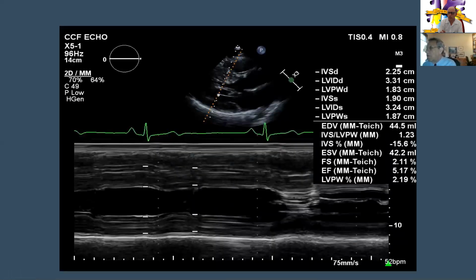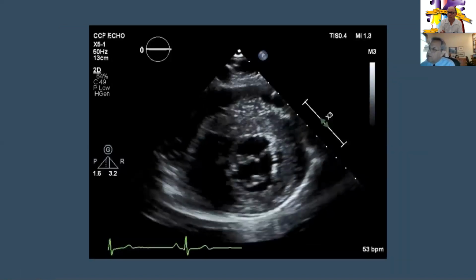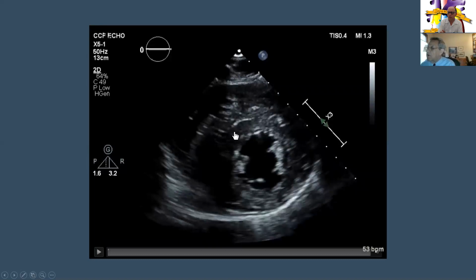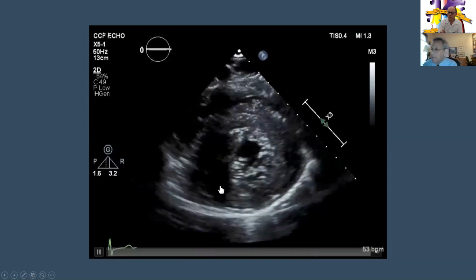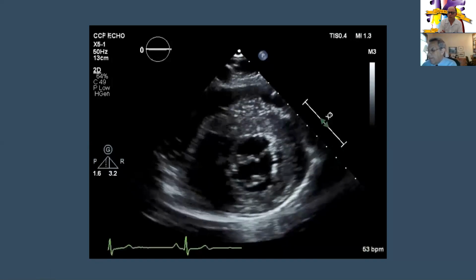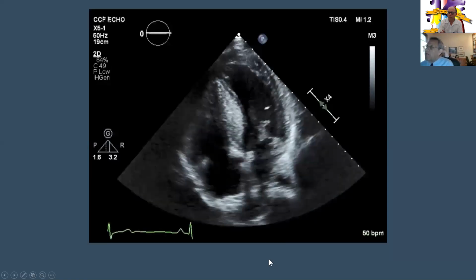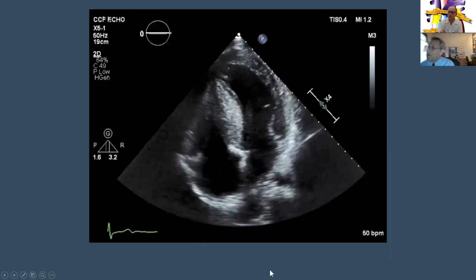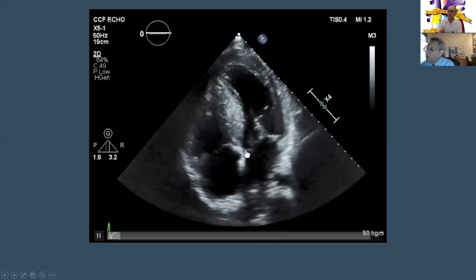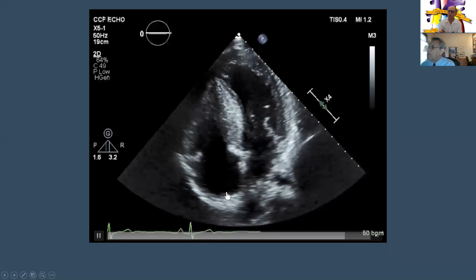And here is another view further down in the ventricle. And here we have a short axis view showing rather significant anterior wall hypertrophy and lateral wall hypertrophy, but the septum is not well seen. Next is an apical four-chamber view showing a rather prominent papillary muscle and some systolic anterior motion.